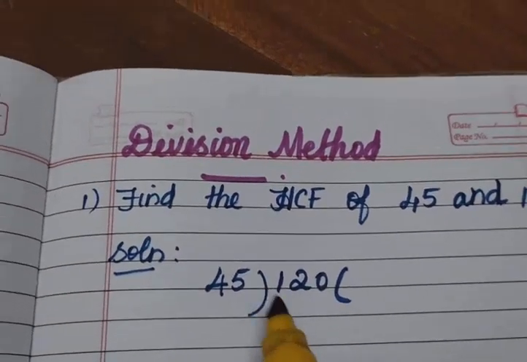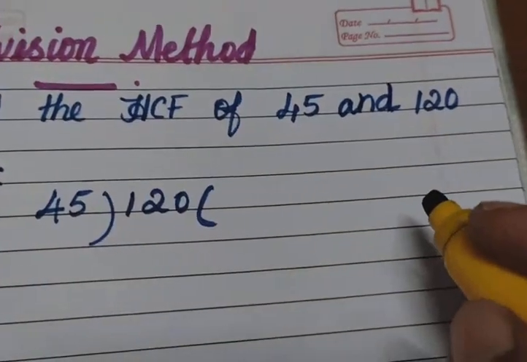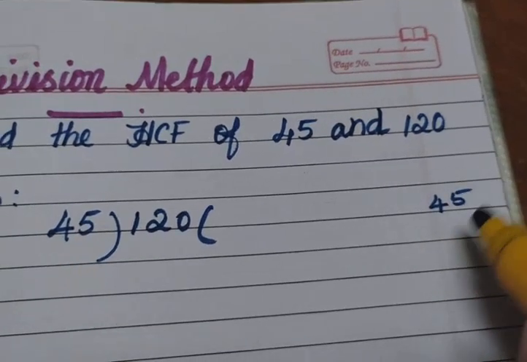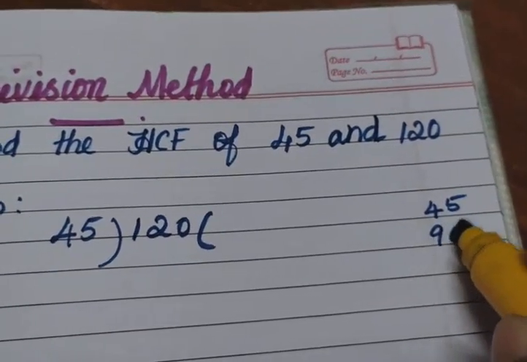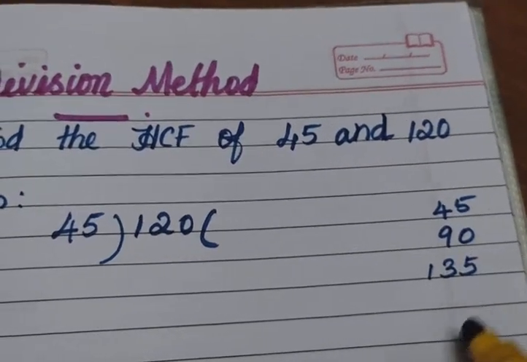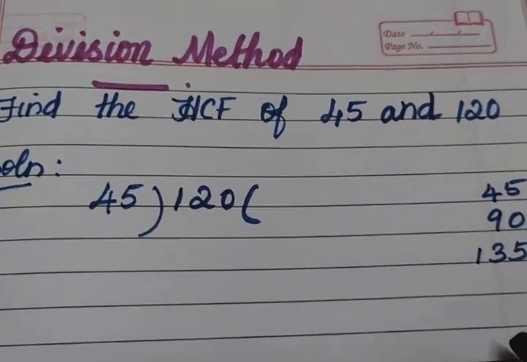Now we need the table of 45. We know 1 45 is 45, 2 45s are 90, 3 45s are 135 and so on. Now we can stop here. If we need, we can continue this table.